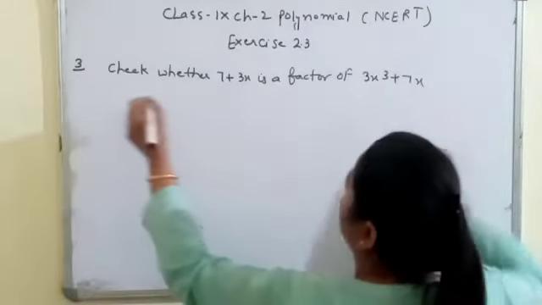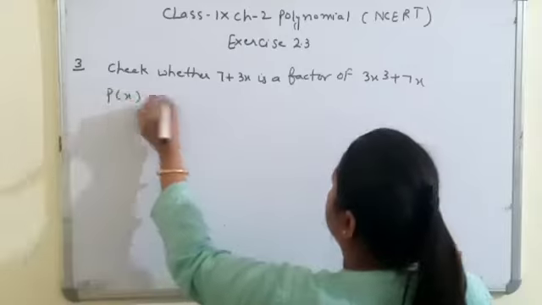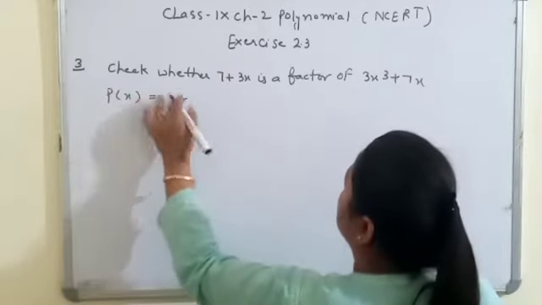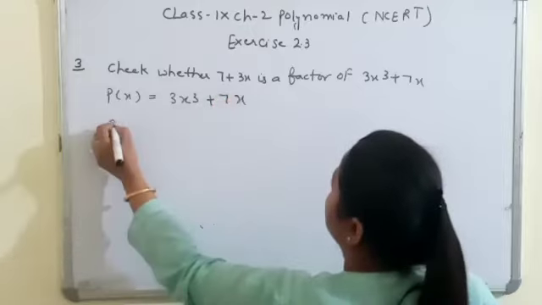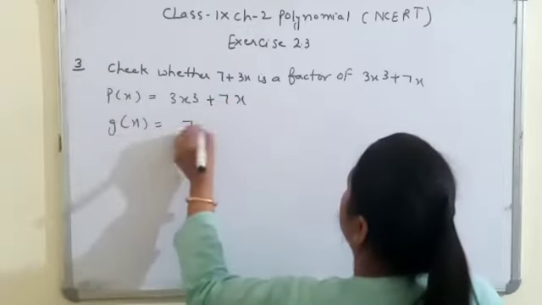So the polynomial is 3x cube plus 7x and the divisor is 7 plus 3x.